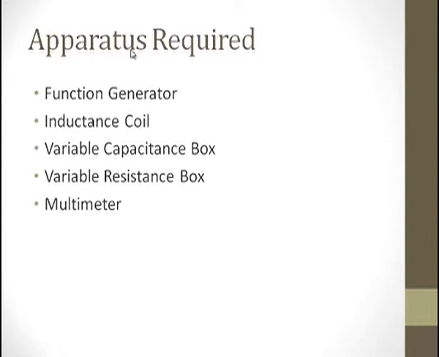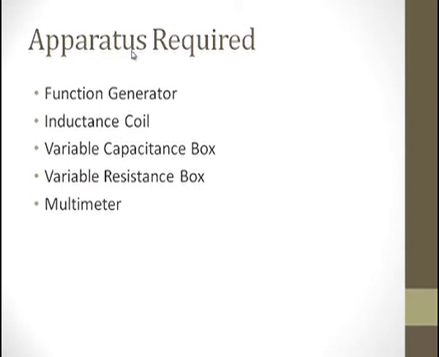Next, apparatus required to do this experiment. First, a function generator from which input frequencies are obtained. Different input frequencies from 1 Hz to 10,000 kilohertz can be obtained. Then inductance coil.